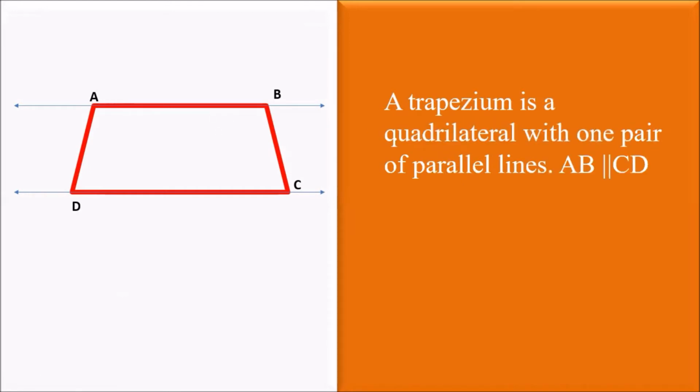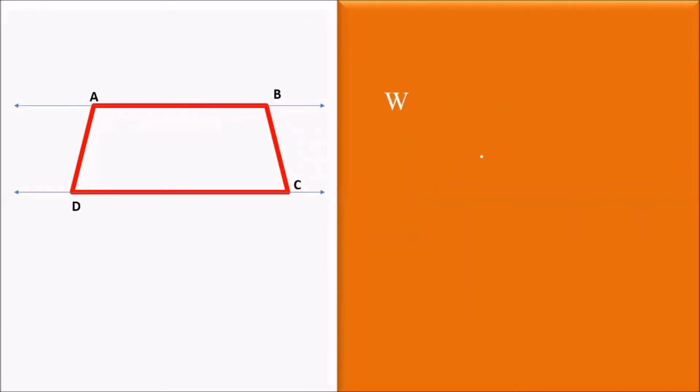So see the figure here, AB is parallel to CD, but AD is not parallel to BC. And when AD is not parallel to BC, we write it with the symbol for not parallel. This is for parallel and this is for not parallel. So no need of writing, only for understanding that it has one pair of parallel sides.